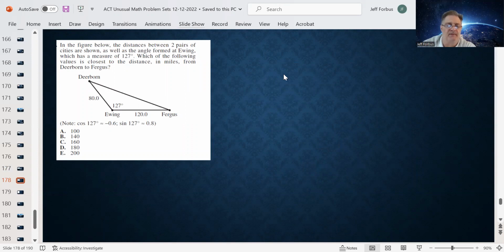Okay, so we got a triangle with a really large angle in it. And notice in the note, it says the cosine of 127 degrees is negative 0.6, and the sine of 127 degrees is 0.8. They're giving those to you for a reason.